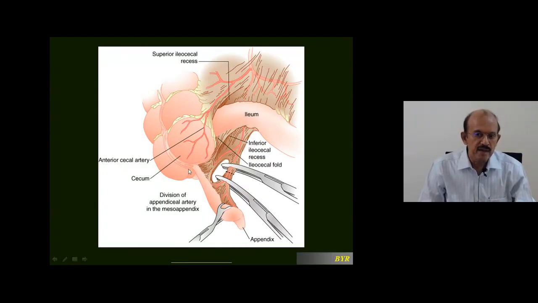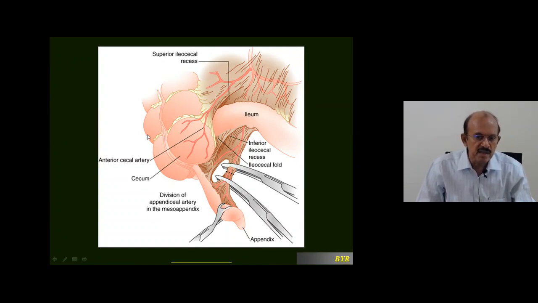Once you find the appendix, you will catch it at the tip. Then you start dissection from the mesoappendix. You cut the mesoappendix here, and if any remnant is there, you cut it here. So you proceed your dissection first by holding the tip and cut the mesentery from this side to the base. So your dissection is in this direction, from tip to the base direction.